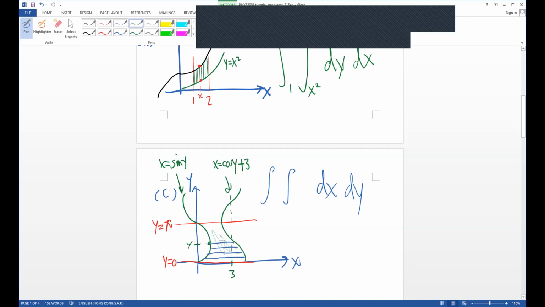Then the lower bound for x is sine y, and the upper bound is cosine y plus 3. So then for the dy, the edges are here and here, so it's from 0 to pi.